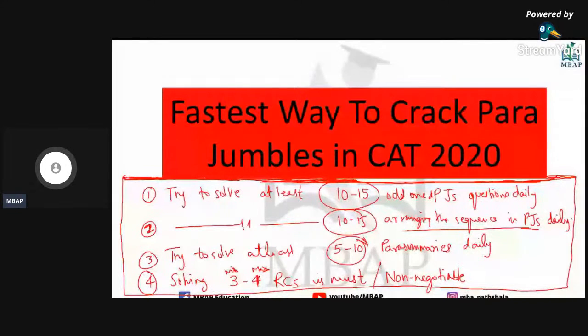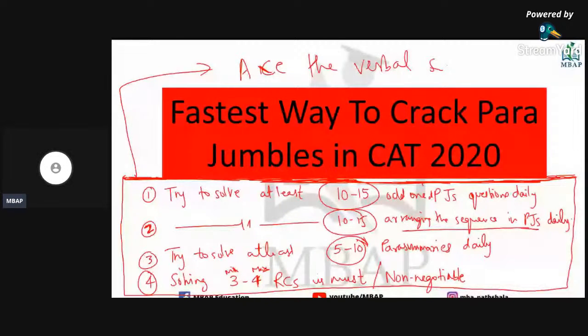So make sure this is a part of your daily schedule for the next 1 month, and mark my words, if you do this, you will be able to ace the verbal section in CAT with flying colors. I hope you're aware of this phrase.